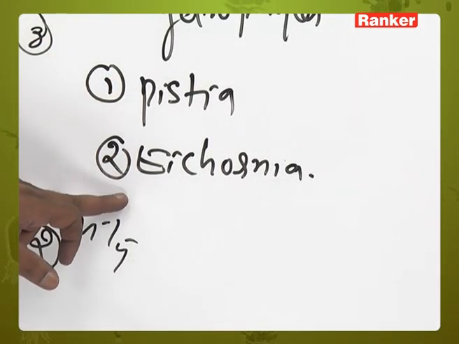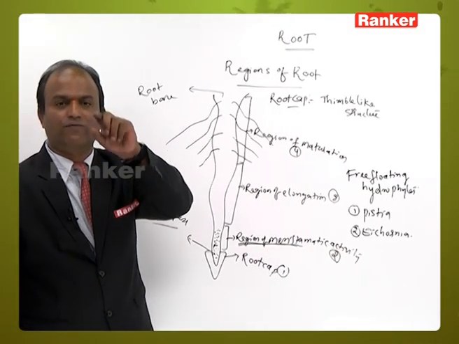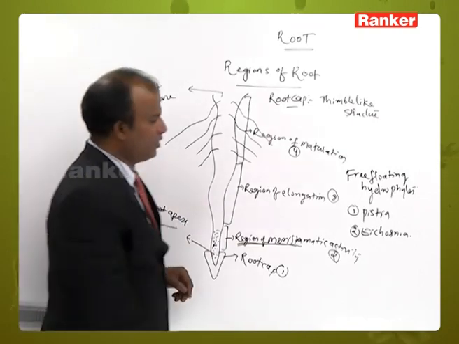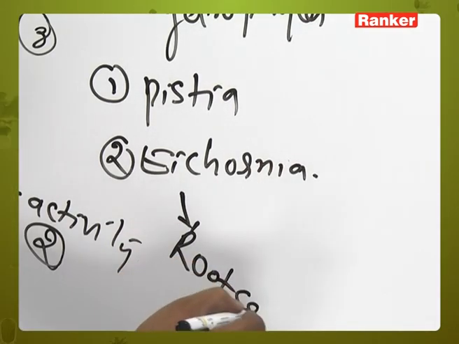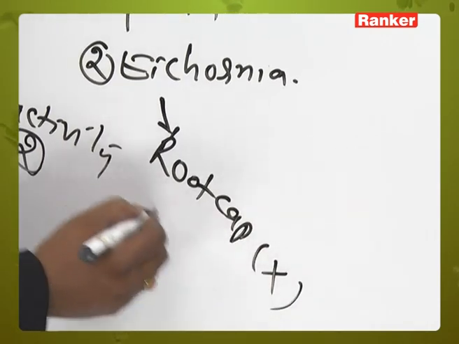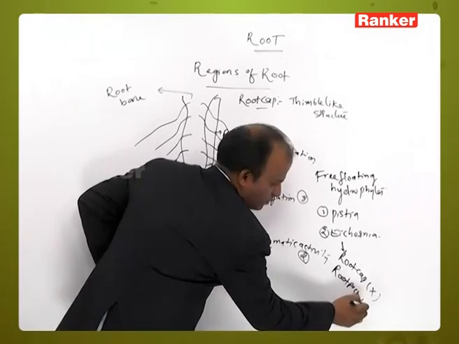In Pistia and Eichhornia, the root apexes are not covered by root caps. They are covered and protected by means of root pockets. That means root caps are absent and root pockets are present.